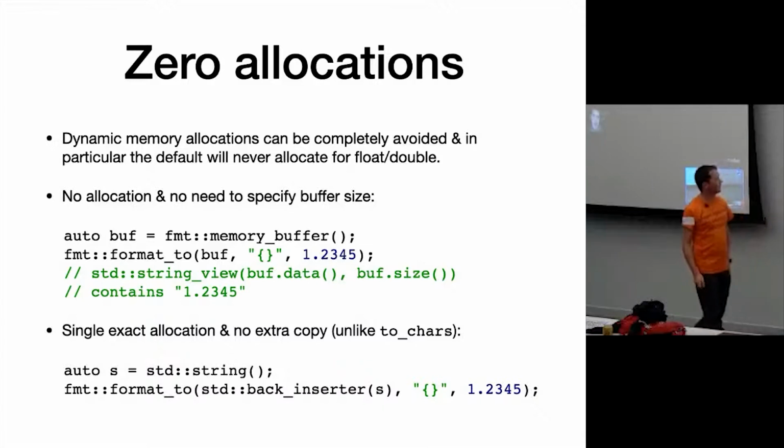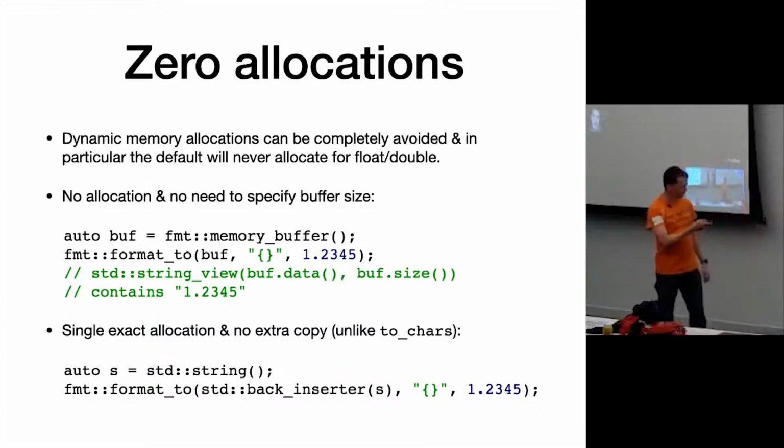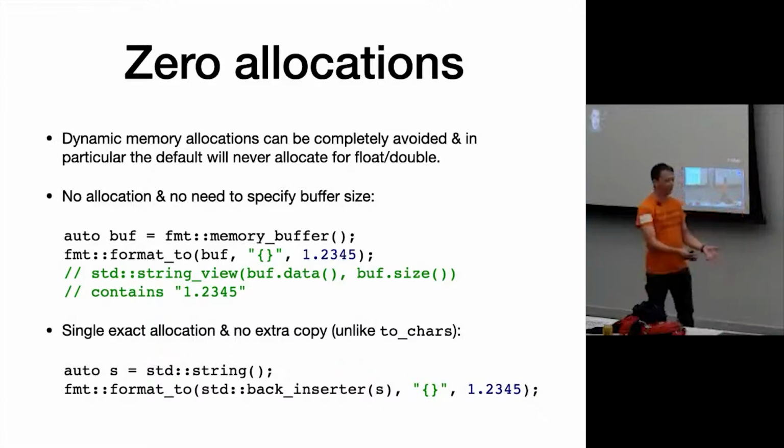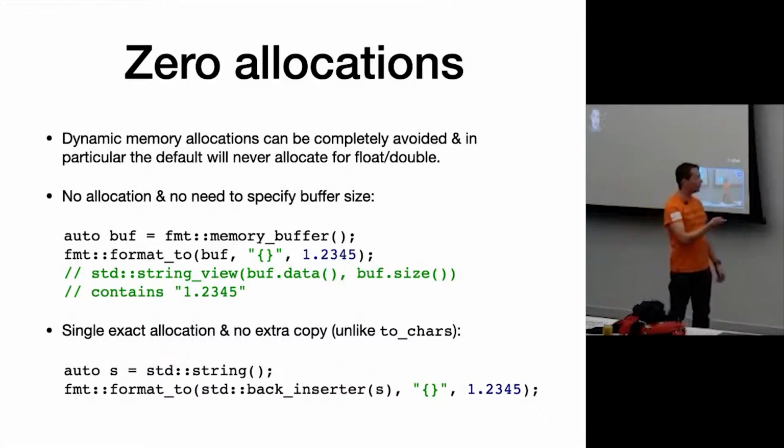Yes, as I said, it's all benefit compared to to_chars, because it will allocate the correct size and write into it, instead of you providing a good buffer, writing there, and then copying it.